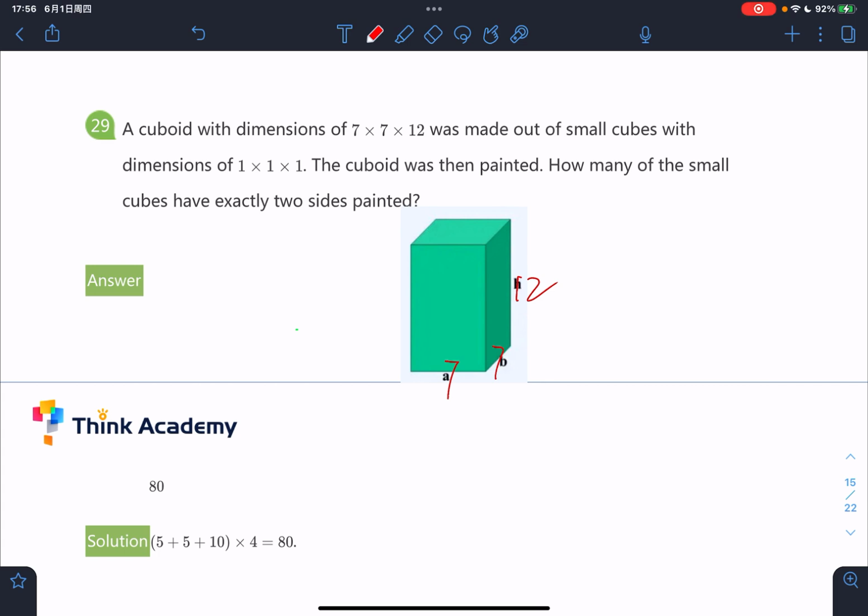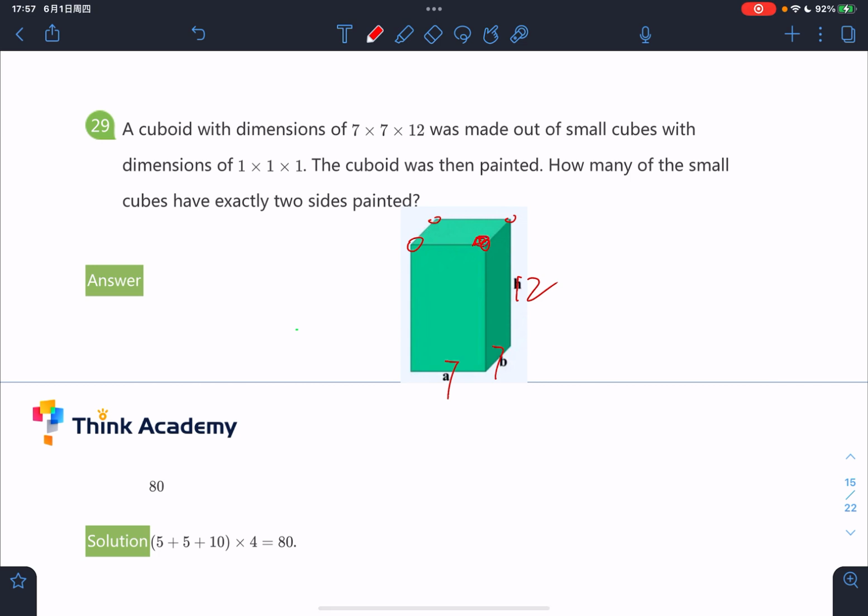All right, so now let's think about which cubes will have how many sides painted. First of all, the blocks in these corners will have three sides painted, right?